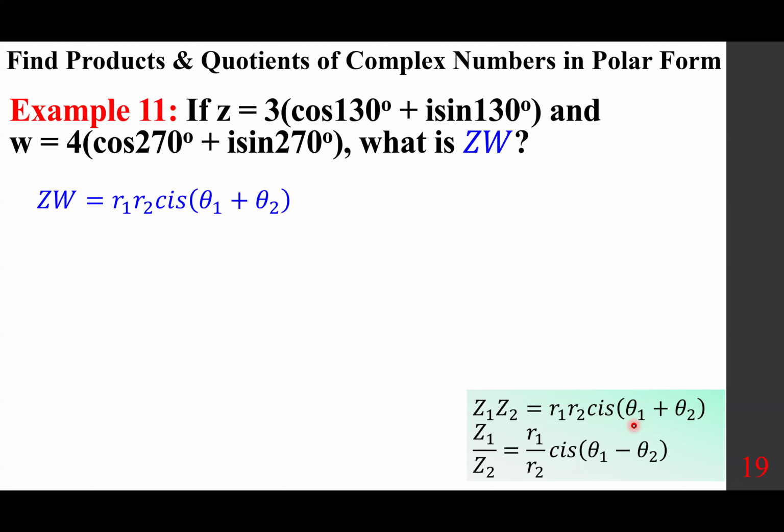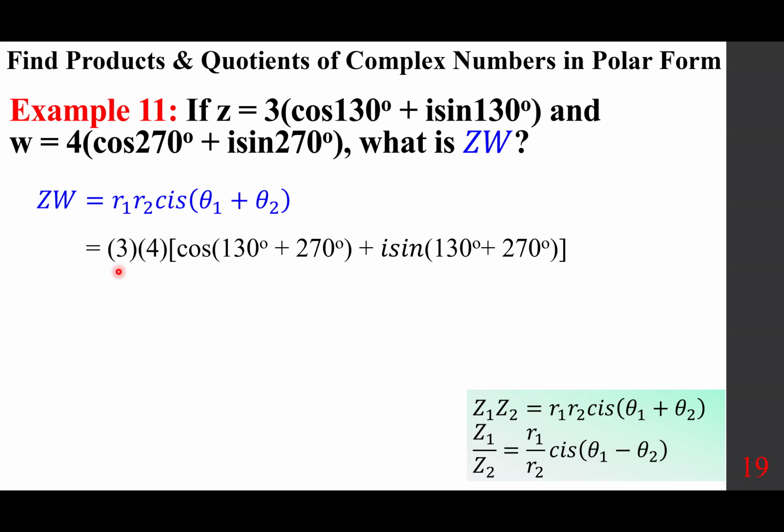So we are going to plug in R1 is 3, R2 is 4, theta 1 is 130, theta 2 is 270.